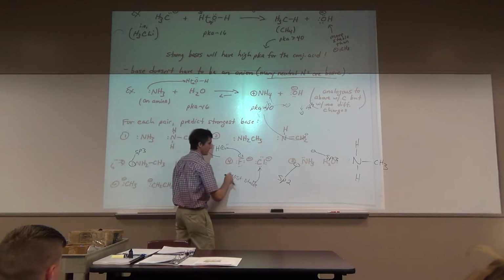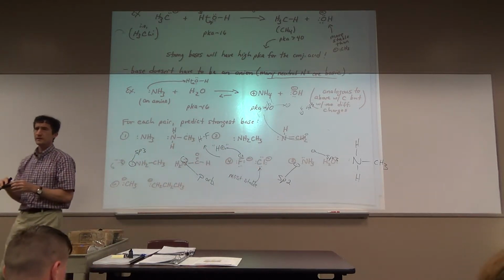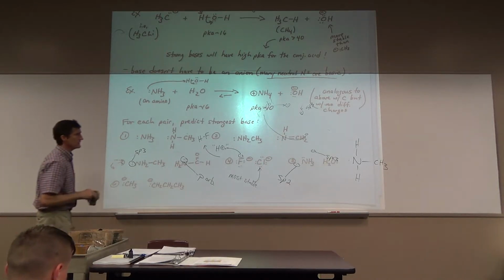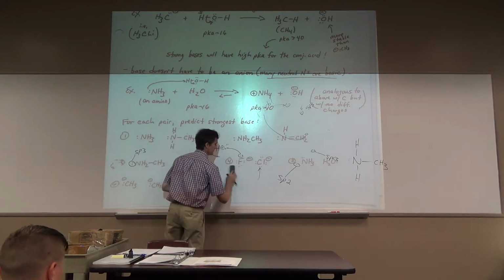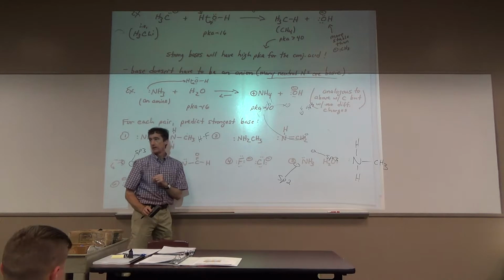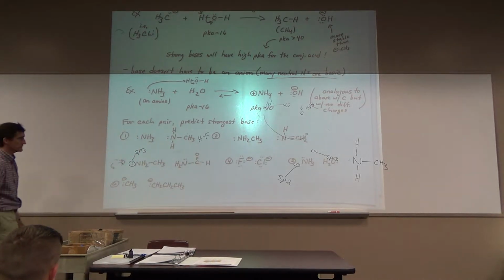F minus is more basic than Cl minus. F minus is actually sometimes used as a kind of weak base. It's not strongly basic. It's more basic than Cl minus. So the less stable one is the more basic one. Correct. In that case, yes.